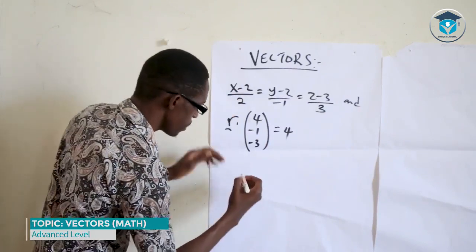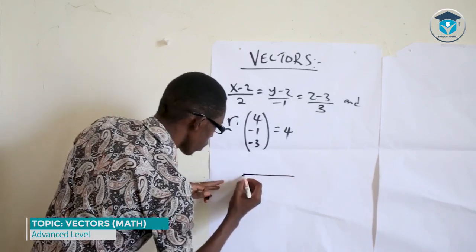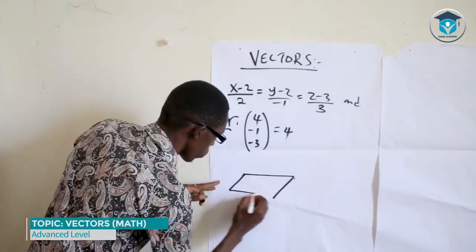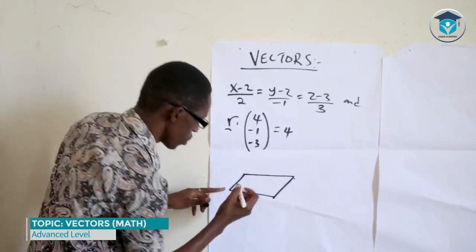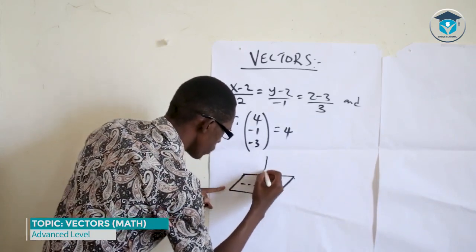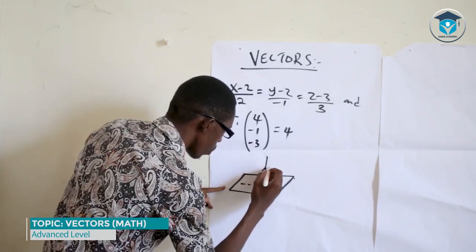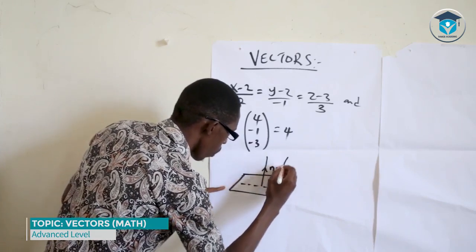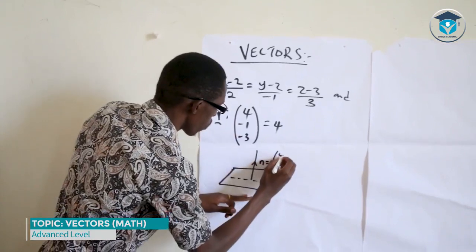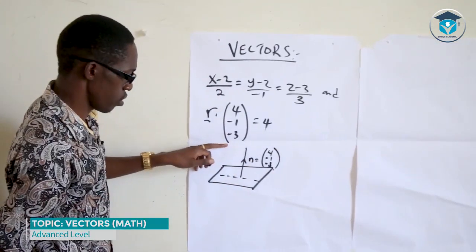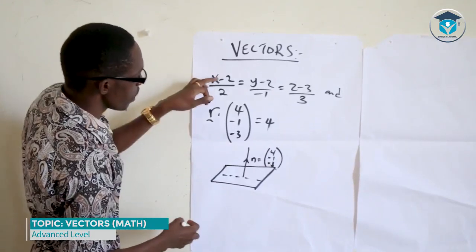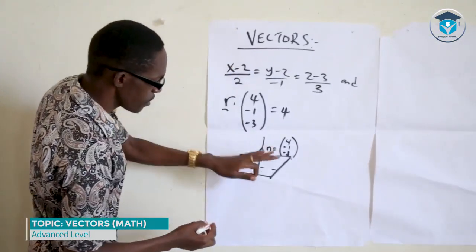I will start by sketching our plane, with its normal, and the normal to this is (4, negative 1, negative 3). Then this is our line.